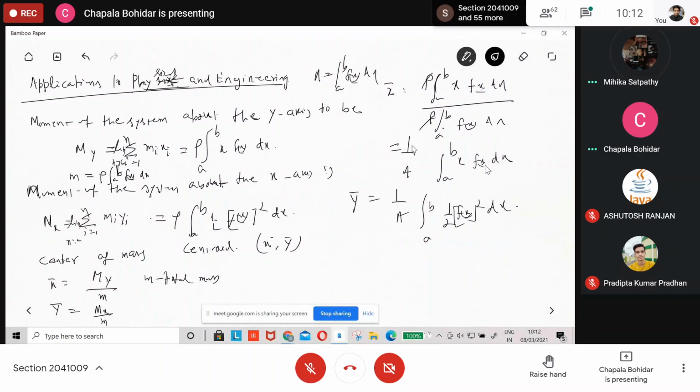Okay, very good. Now, the region between two curves. Region between two curves is also over. So I think this article is over.